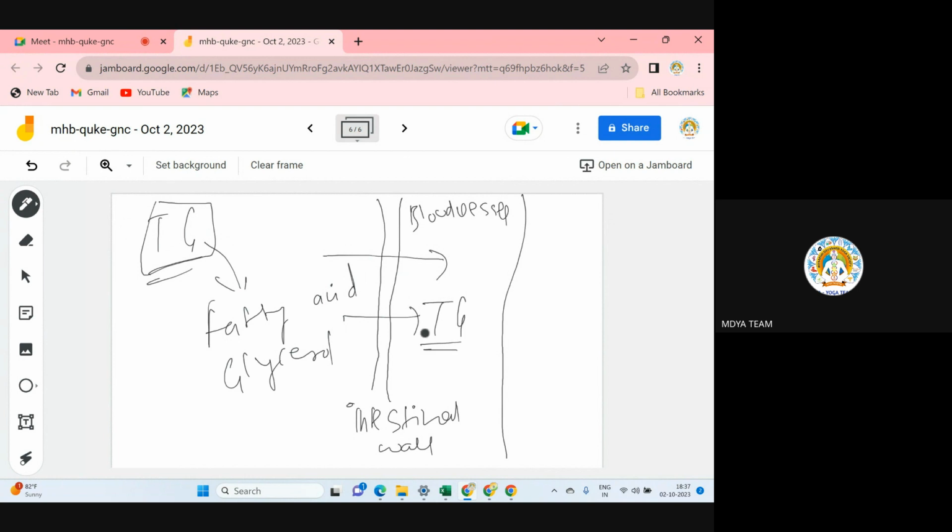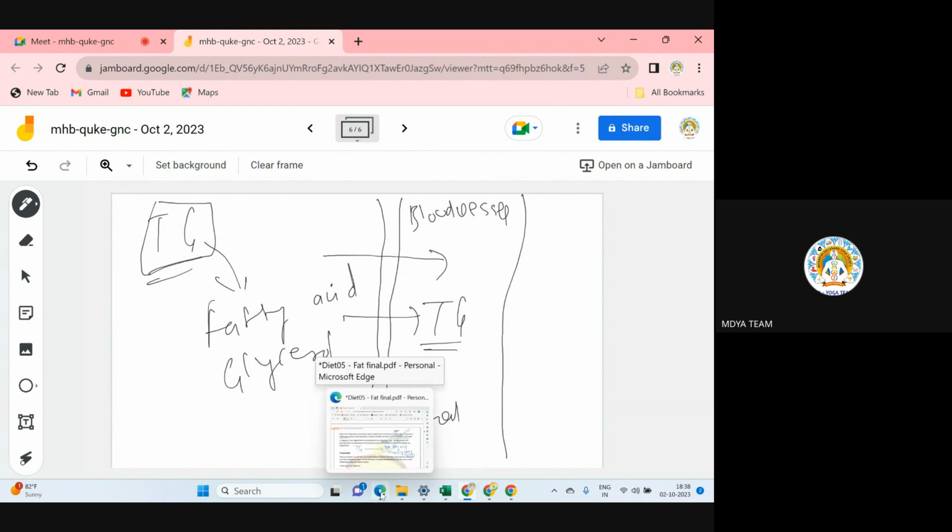Is it clear? Yes, sir. So in the blood, triglyceride is also present. It cannot pass the intestinal wall and blood vessel wall, but it passes in the form of fatty acid and glycerol, then again unites to form triglyceride.